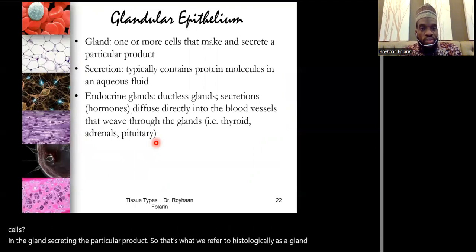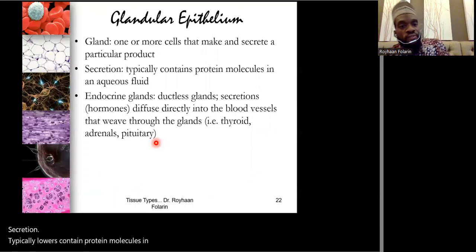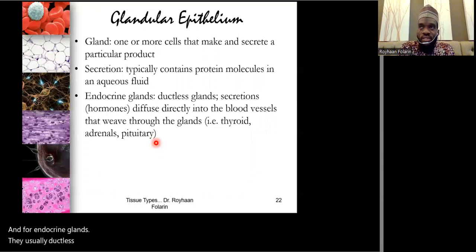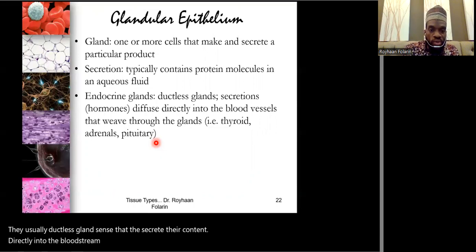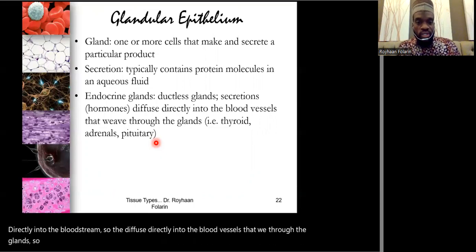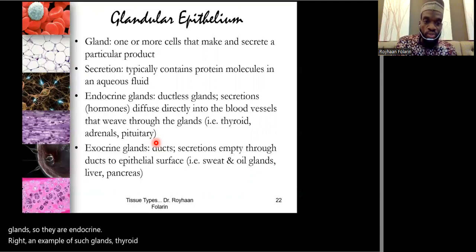The secretion will typically always contain protein molecules in aqueous fluid. Endocrine glands are usually ductless glands in the sense that they secrete their contents directly into the bloodstream. They diffuse directly into the blood vessels that move through the glands. So they are endocrine, right? Examples of such glands are the thyroid, the adrenal, and the pituitary.